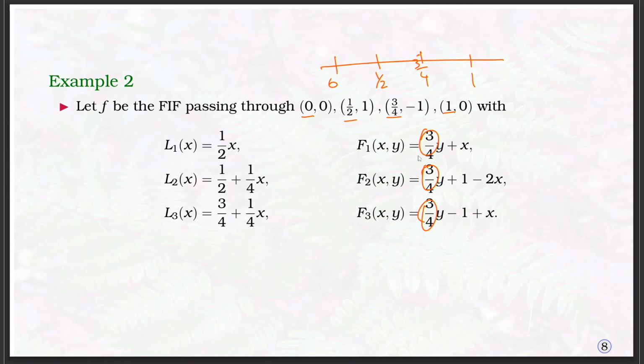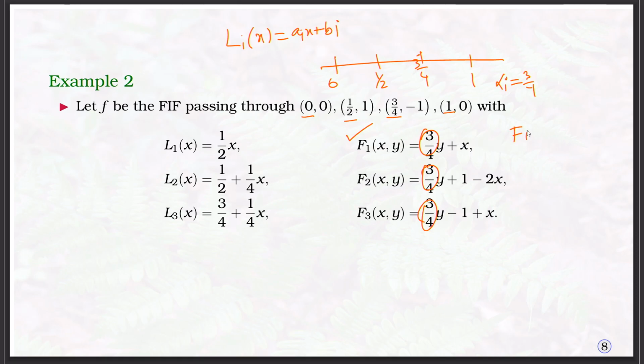Now the scaling factor is defined and alpha i is taken as 3 by 4 in all the intervals, then one can get f1, f2, f3, and by applying the affine fractal interpolation, one can get the remaining constants.